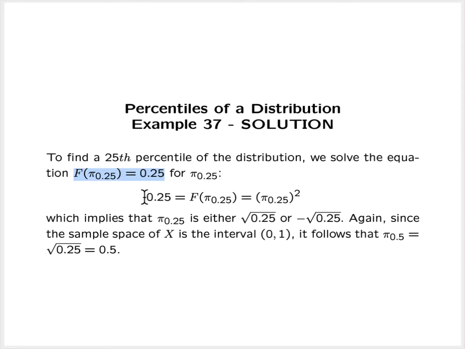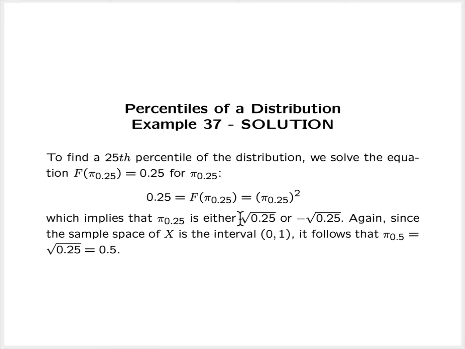For the same reason as in the previous part of this example, the equation we've got to solve is pi sub 0.25 squared is equal to 0.25, or 1/4. So we can take the square root of both sides and we get two potential solutions for the 25th percentile pi sub 0.25.